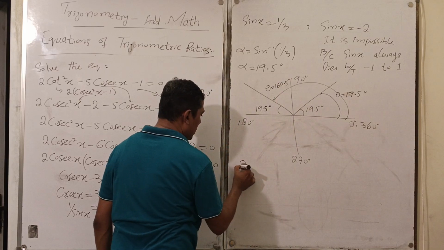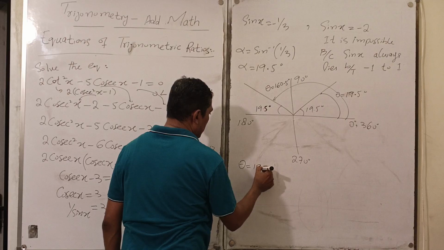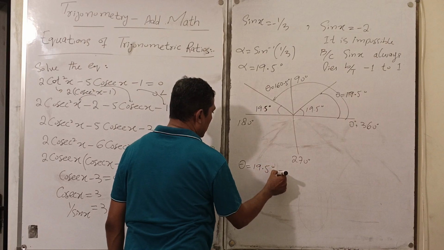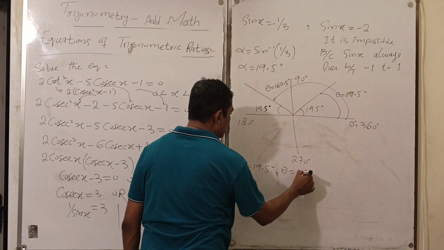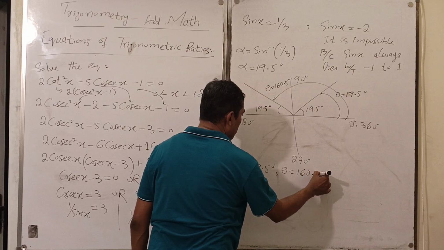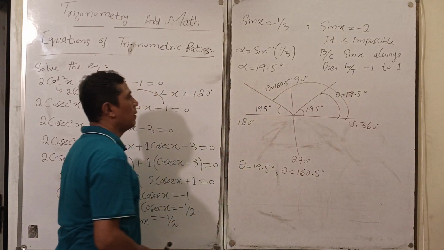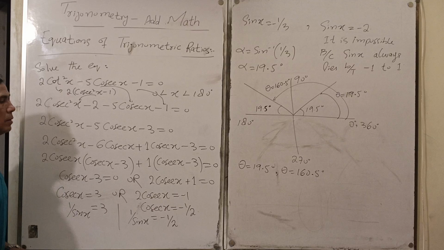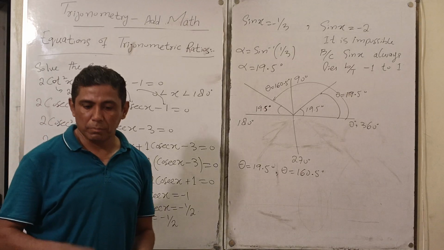So now theta is 19.5 degree and theta is 160.5 degree. Clear? Right? Okay, the next.